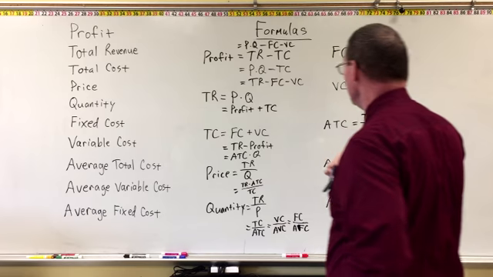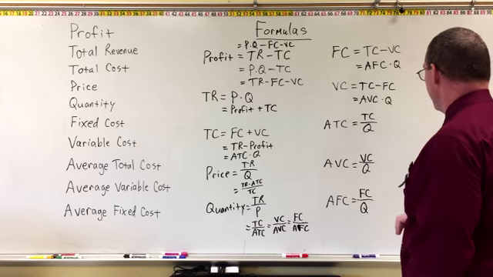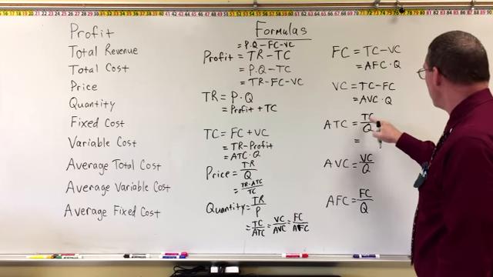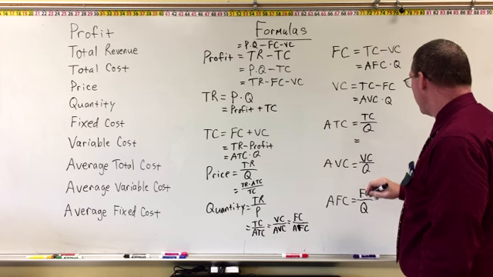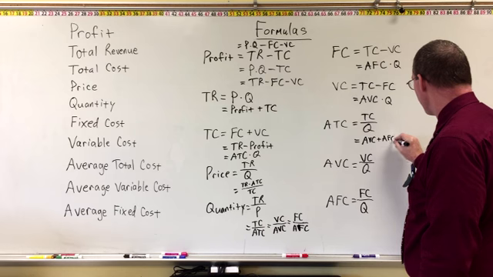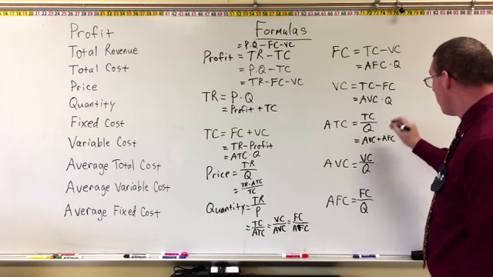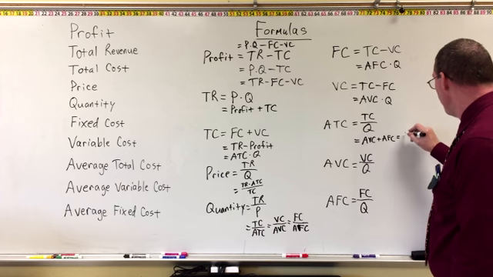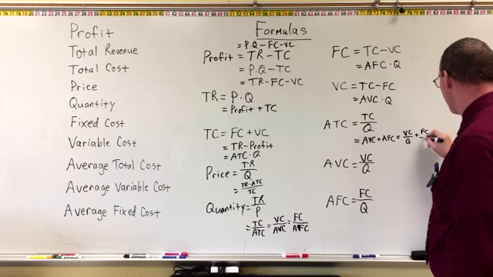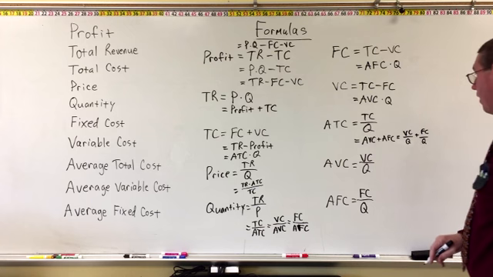What else could we do here? Here, average total cost, in addition to being equal to total cost divided by quantity, it's also equal to average variable cost plus average fixed cost. So I want you to remember that. That's a basic one. You need to know that. And therefore, it's also going to be equal to variable cost divided by quantity plus fixed cost divided by quantity, because average variable cost is variable cost divided by quantity.